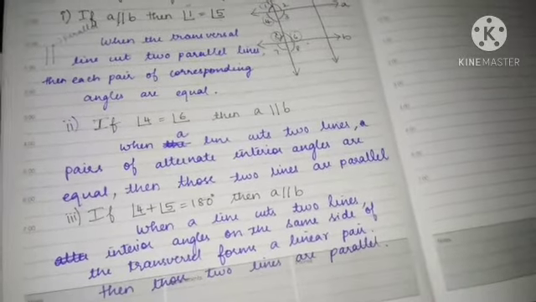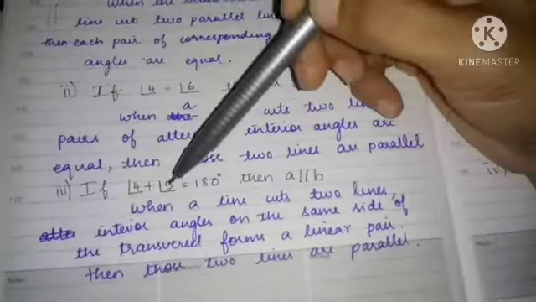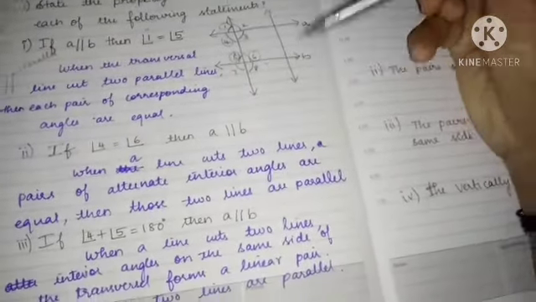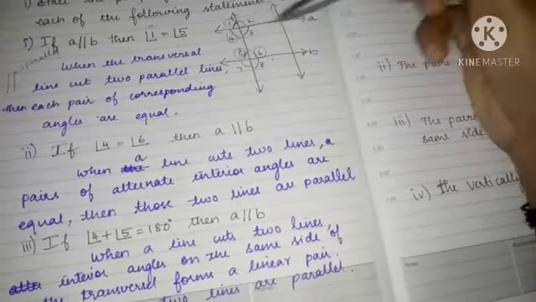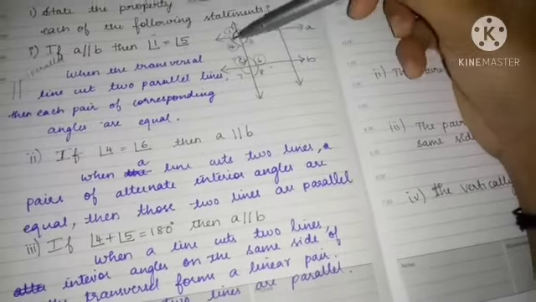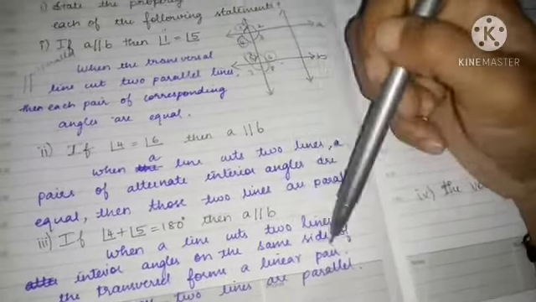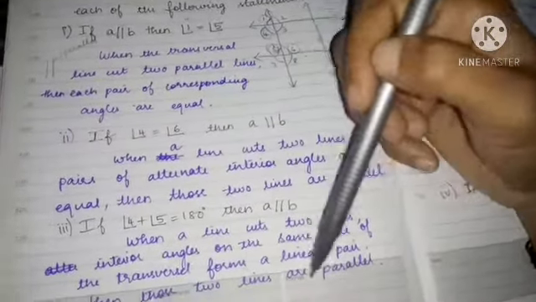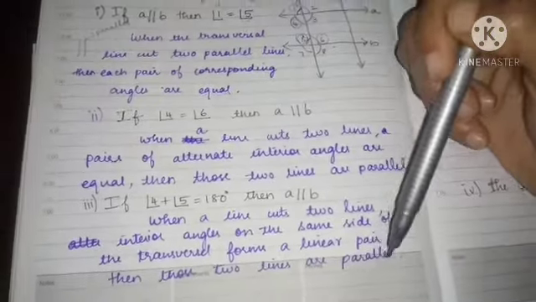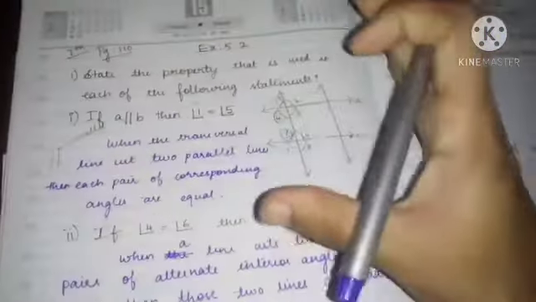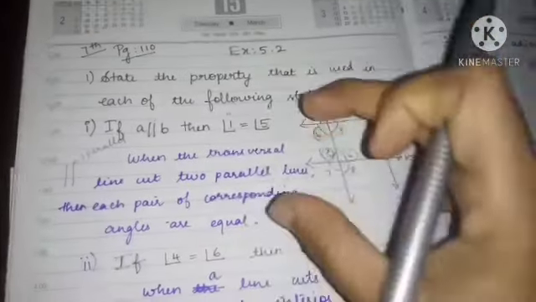From this we can say that when a line touches two lines, and the interior angles on the same side of the transversal form a linear pair, then those two lines are parallel. That is the property we have used here. The very important one is the first one, that corresponding angles are equal.